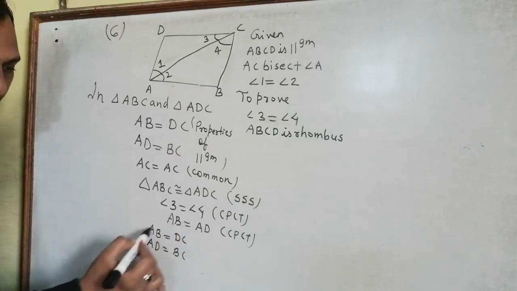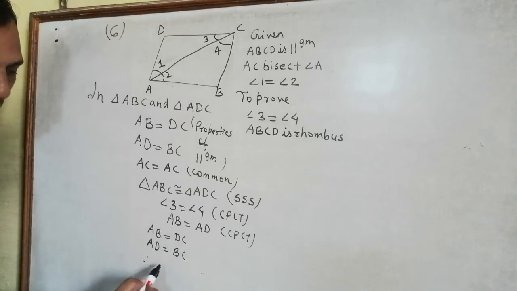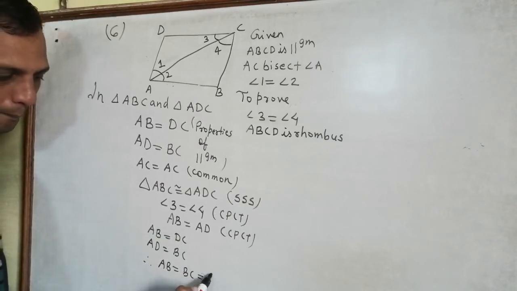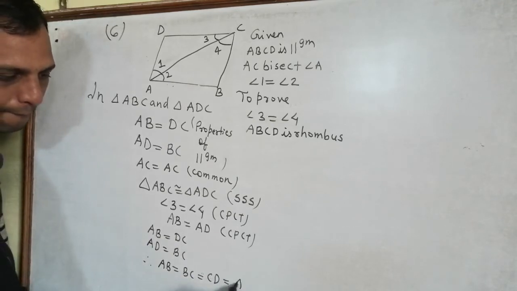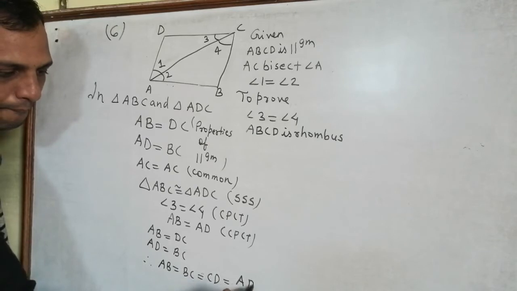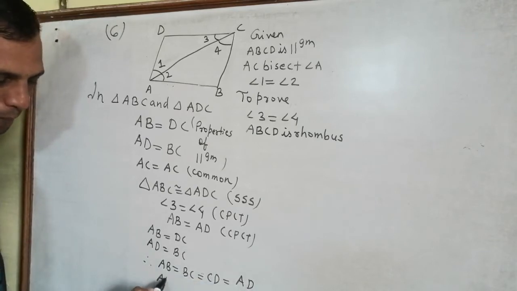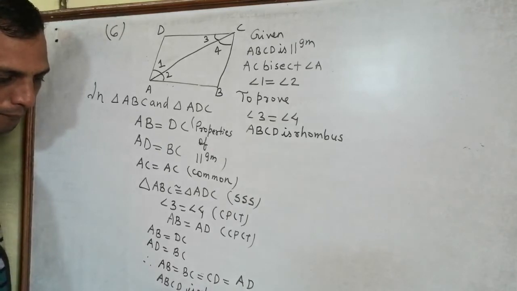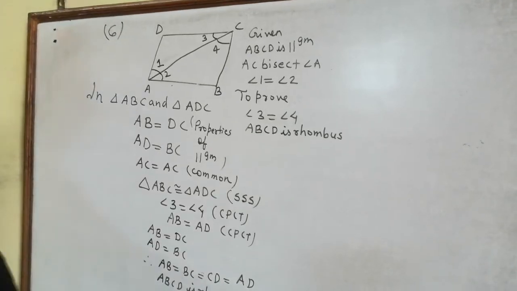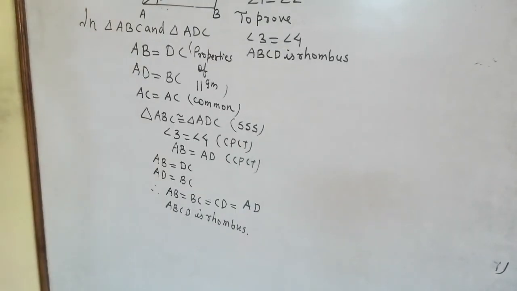Now from these three we can say that all sides are equal, therefore ABCD is a rhombus. All sides become equal. This completes question number 6.